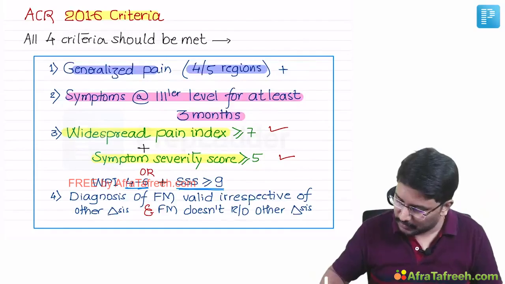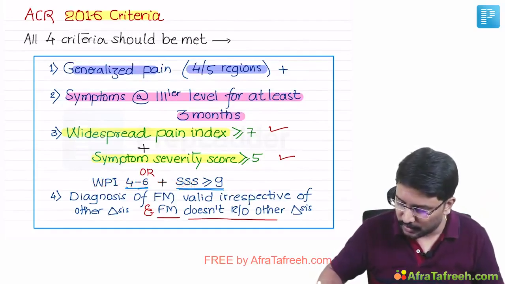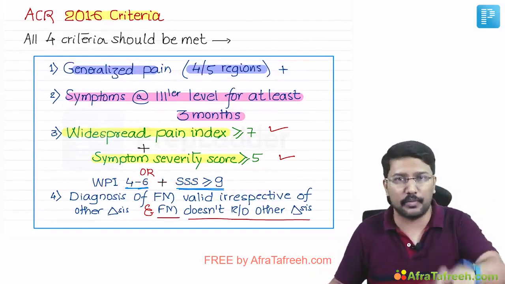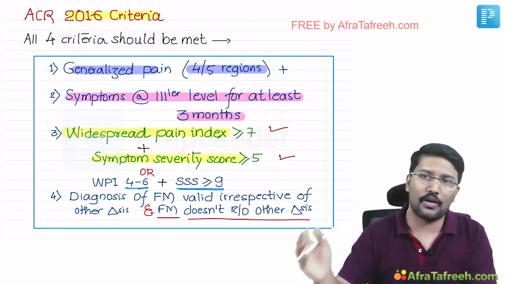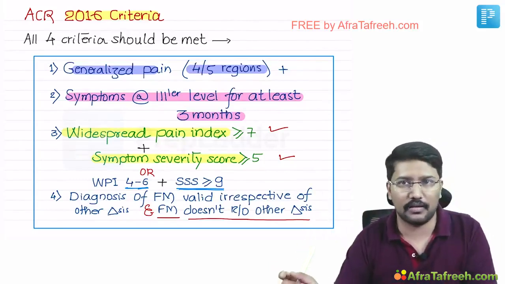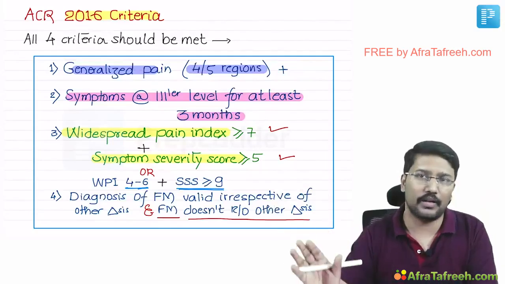Then the last part of the statement is this: fibromyalgia diagnosis doesn't rule out other possible diagnoses. Just because you have diagnosed fibromyalgia in a patient, that doesn't mean other rheumatological disorders or other similar symptom complexes cannot be occurring, right? So if criteria are met for another diagnosis, you can consider it.